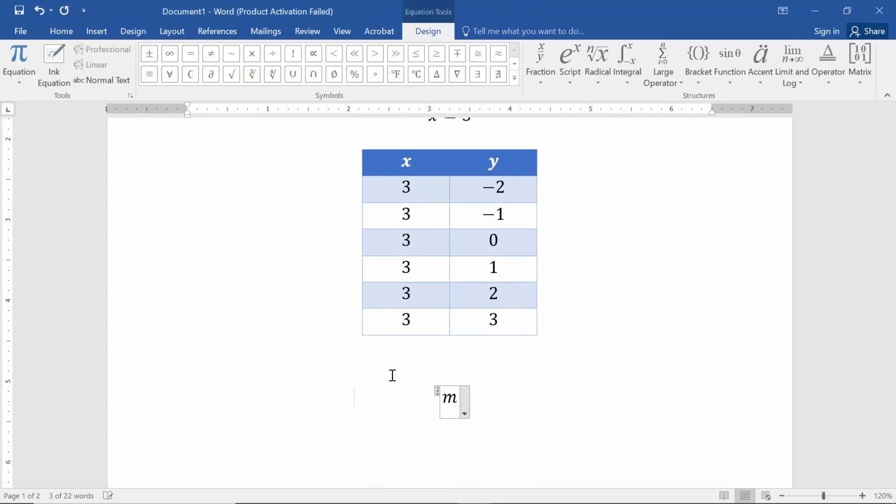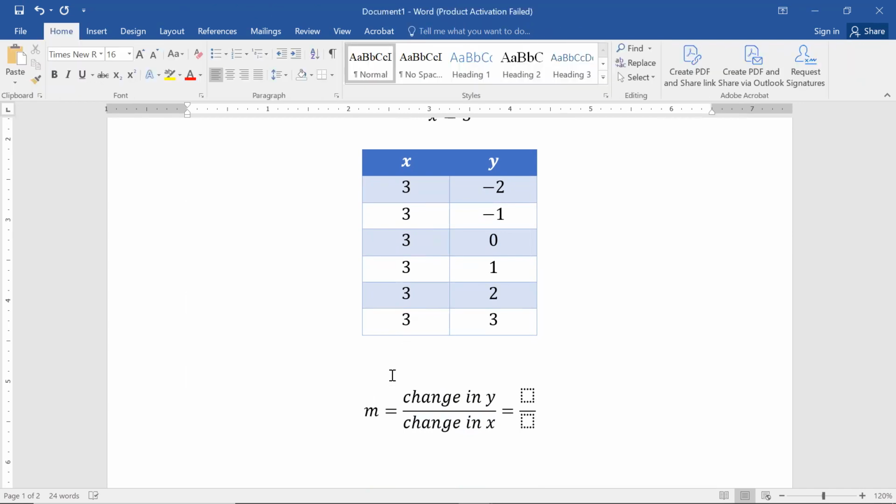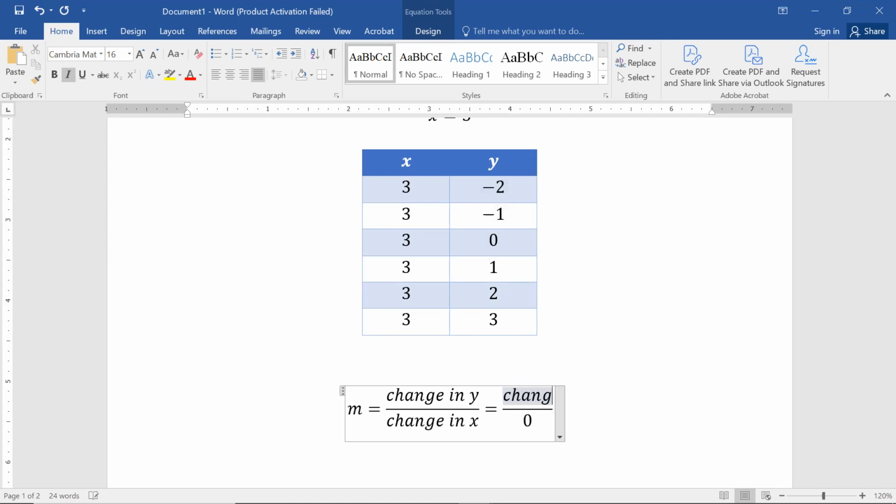So that means the slope, since it is the change in y over change in x, is always going to have a denominator which is 0. And whatever the change in y is, as long as we're going from two different points, it's going to be something.